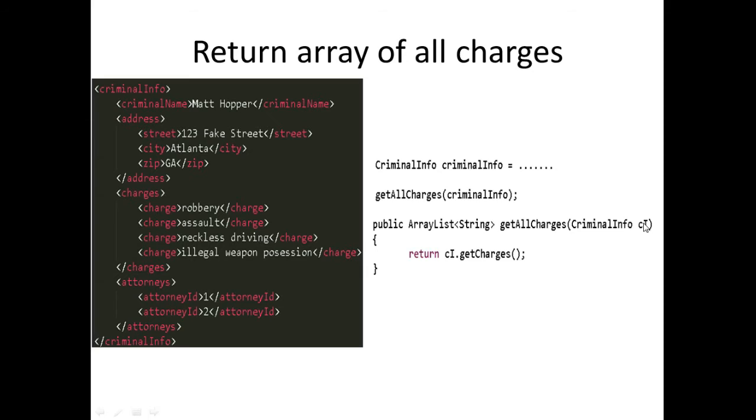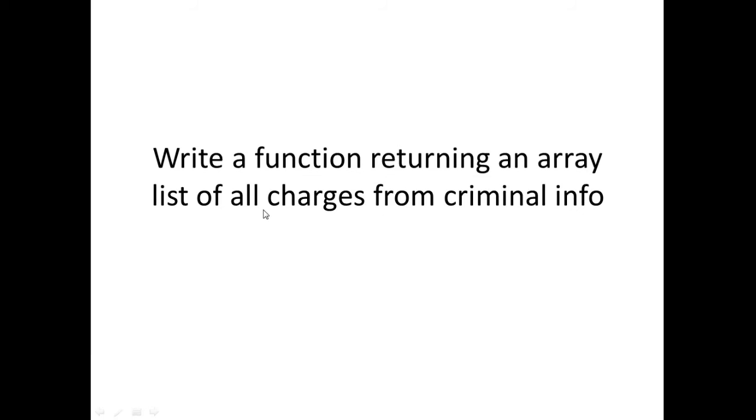This method is going to take in a criminal info object and then call the method getCharges. This getCharges is going to return an array list of strings, since each one of the charges in here is a string. So it's just going to return the entire array list of strings. And that's how you would go about writing a function to return an array list of all charges from criminal info.